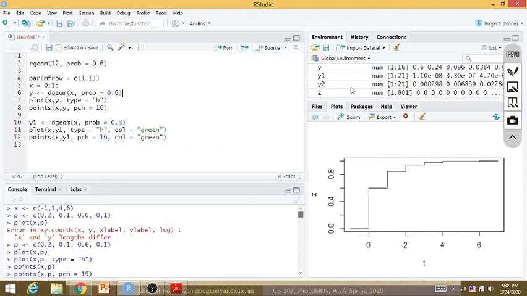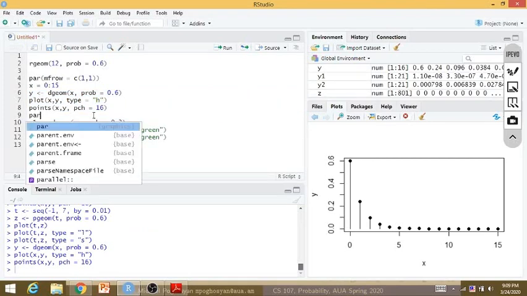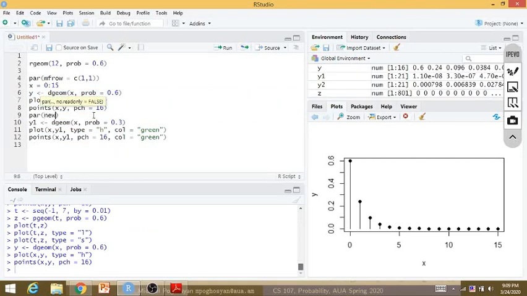I need to adjust the values. Let me show that. First, I need to run this three. I'm selecting them, hitting Alt-Enter. That is showing the graph of the first PMF. Then I'm keeping this graph, new is equal to true.